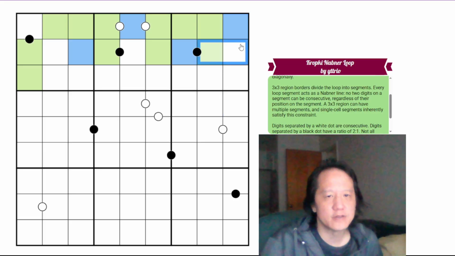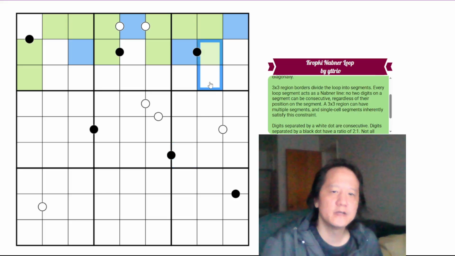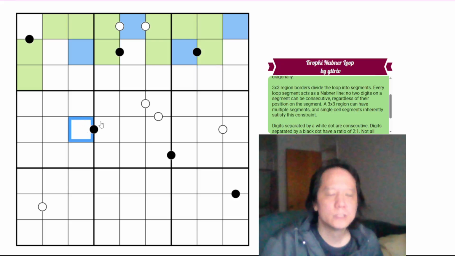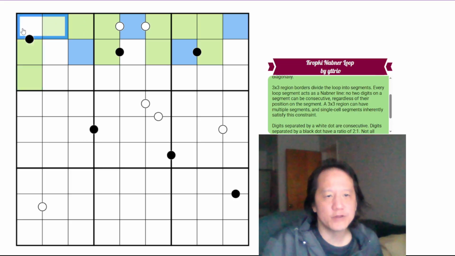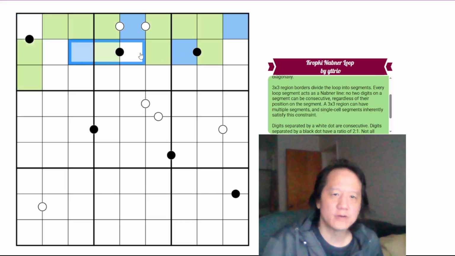It could exit out that way. We don't know. Could also exit out that way. Could go this way, then that. So the problem with going this way is the same problem here.